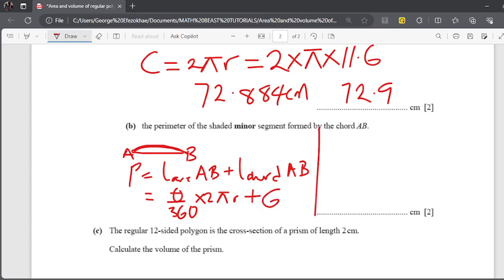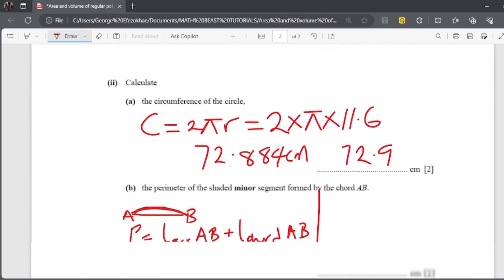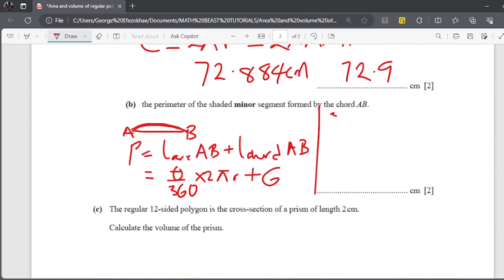Our theta here is 30 degrees, as you can see from the diagram. So we have 30 over 360 times 2 times pi times r. That's 2 pi r, which is actually the circumference we calculated, plus 6.